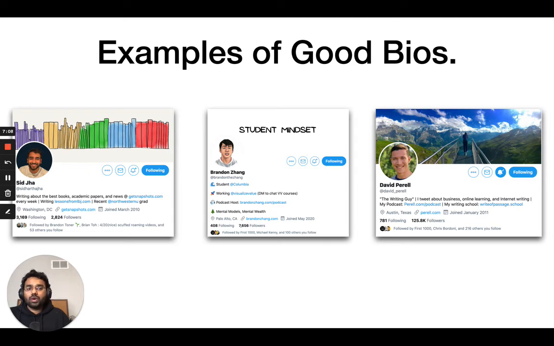So it's good if you have some reputation or credibility in that space, and any links or any handles that you can use to boost that credibility is really good for your Twitter bio.